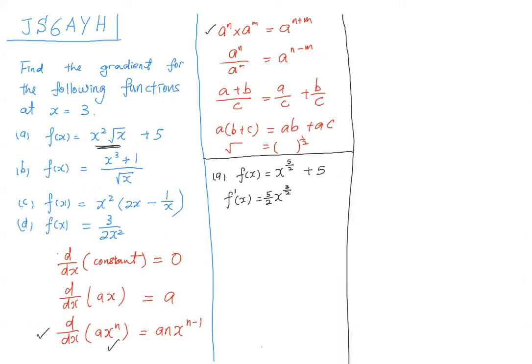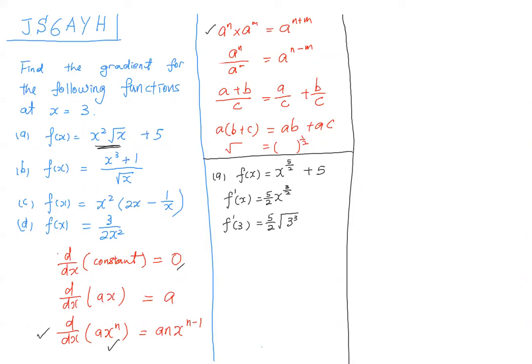So the derivative of 5 is 0, am I right? So we don't write it. I want it at x equal to 3. So f prime 3 equals, Bram? 5 over 2, x to the power of 3 over 2. Okay, this is square root of 3 cubed.